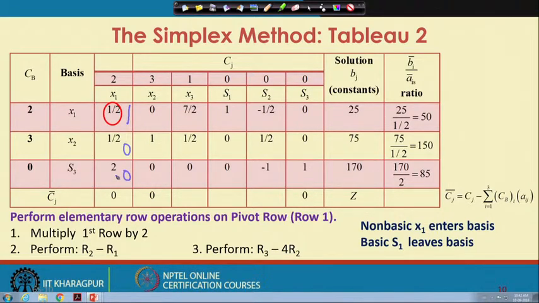This can be obtained by multiplying the first row by 2, by performing R2 plus R1 into minus 1, that means R2 minus R1 will get this, and by performing R3 minus 4 R2 you can make 0 here.